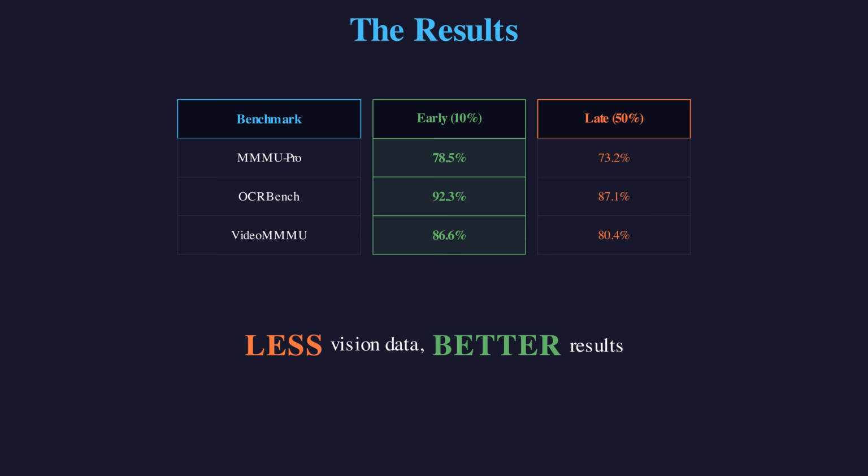MMMU Pro hit 78.5 versus 73.2. OCR Bench reached 92.3 versus 87.1. Video MMMU scored 86.6 versus 80.4. Less vision data used earlier produced strictly better results across the board.